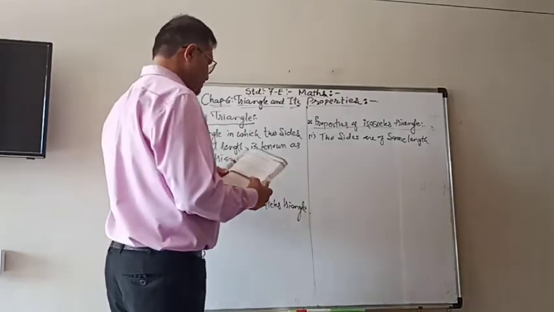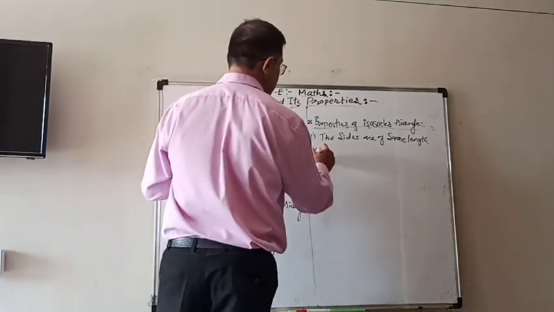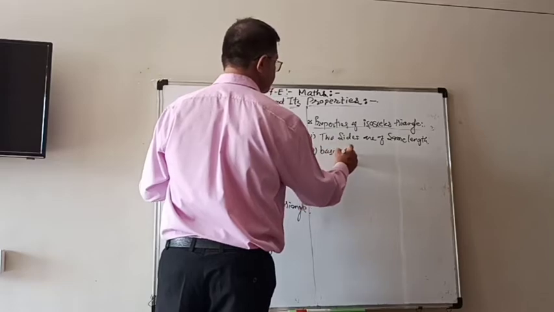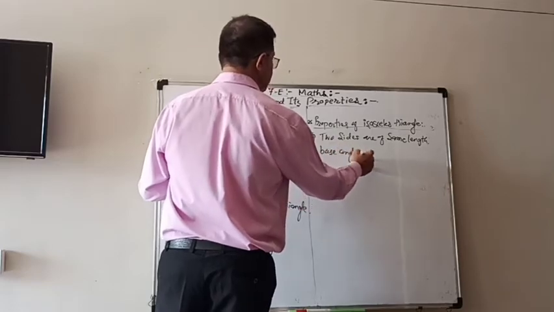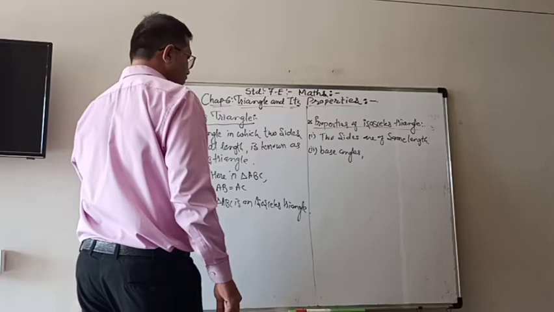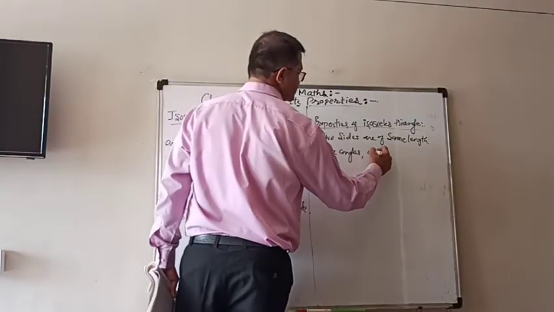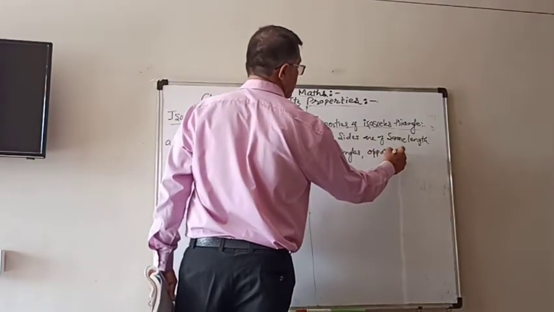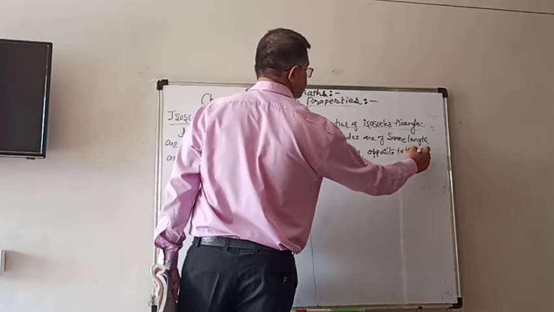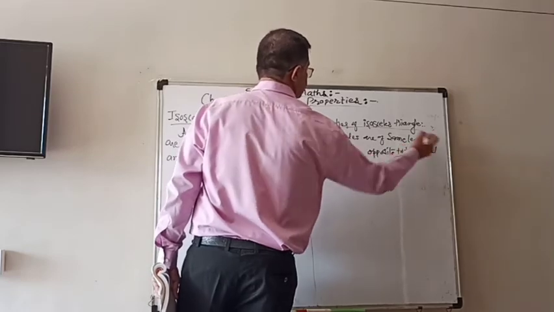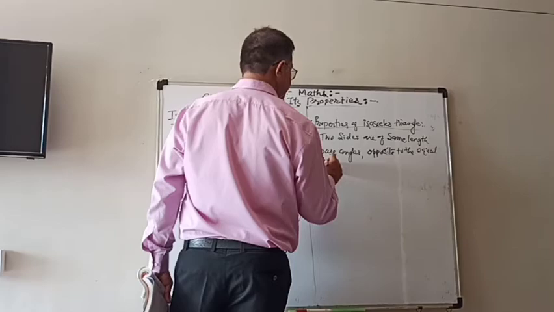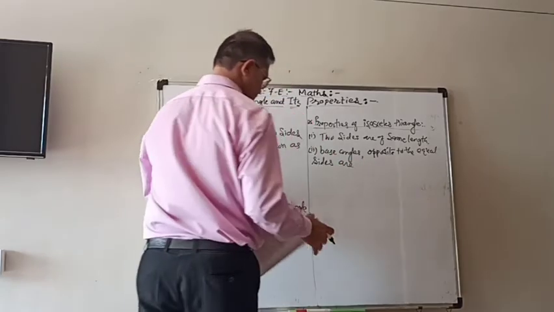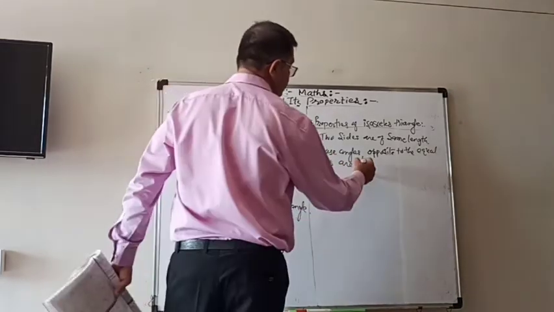So the second property is base angles opposite to the equal sides are equal.